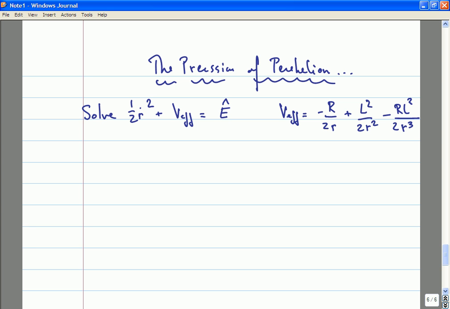Now, this differential equation is a complicated nonlinear equation, and it is actually quite difficult to solve explicitly, although it can be solved, at least implicitly, in terms of some special functions.